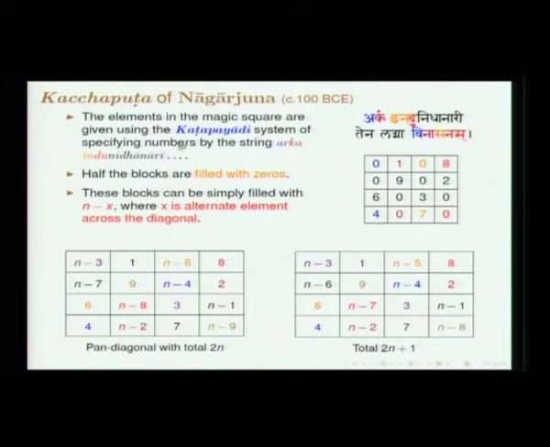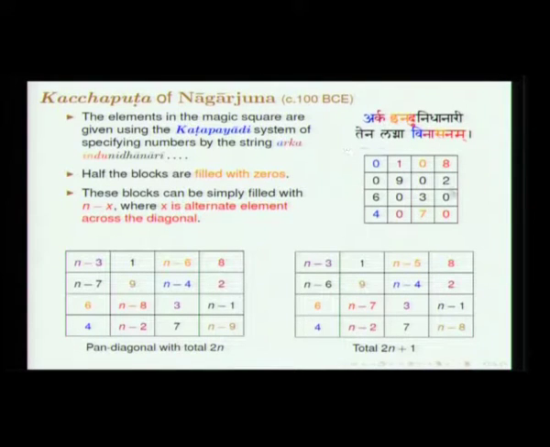In this Kakshaputa of Nagarjuna, there is a very interesting mnemonic. Look at this: Arka Indu Nidha Nari Tena Lagna Vinasanam, there is a typo here. Now I would like you to recall the Katapayadi system which we discussed.